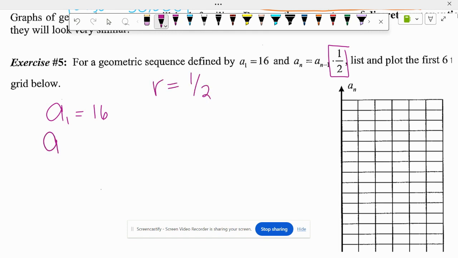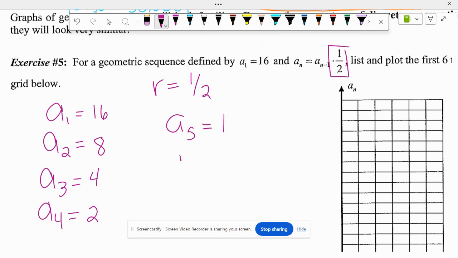So that means that the second term is, what's half of 16? 16 times 1/2 is 8. 8 times 1/2 is 4. 4 times 1/2 is 2. 2 times 1/2 is 1, and 1 times 1/2 is 1/2.